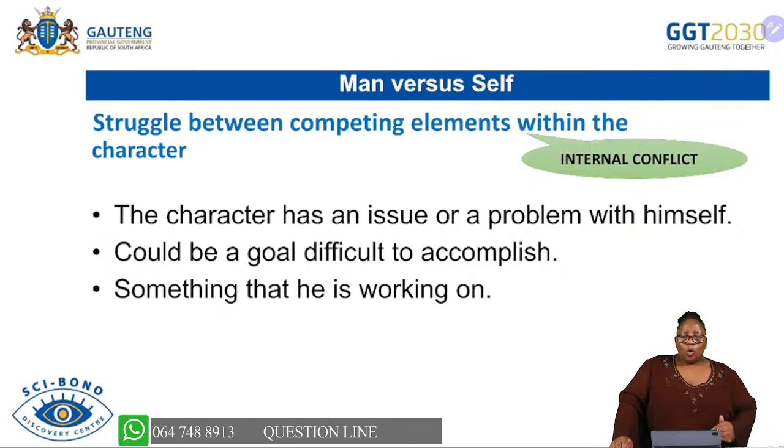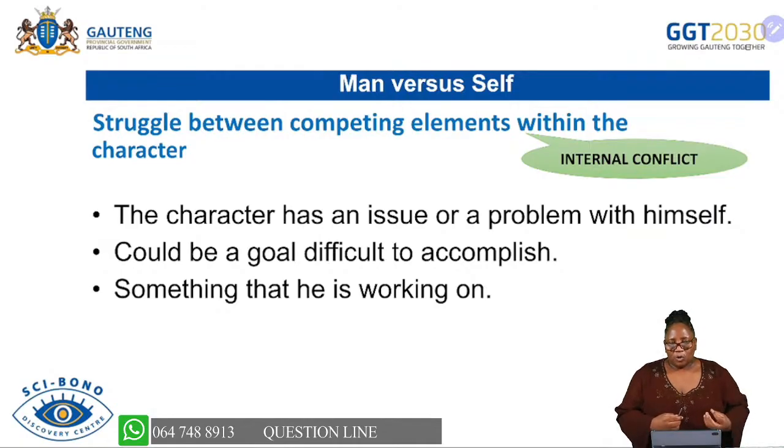Should I go to the movies or should I prepare for the English literature exam on Monday? You sit there, you look at the books, and you fight to make the correct decision.